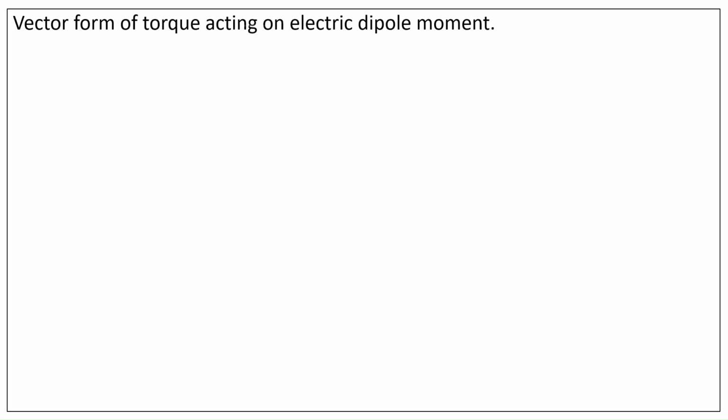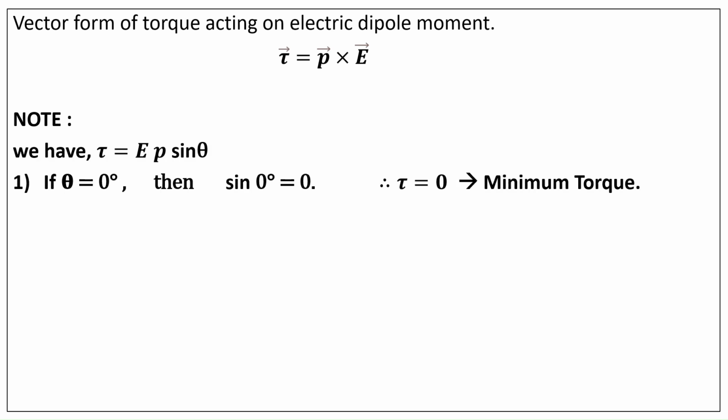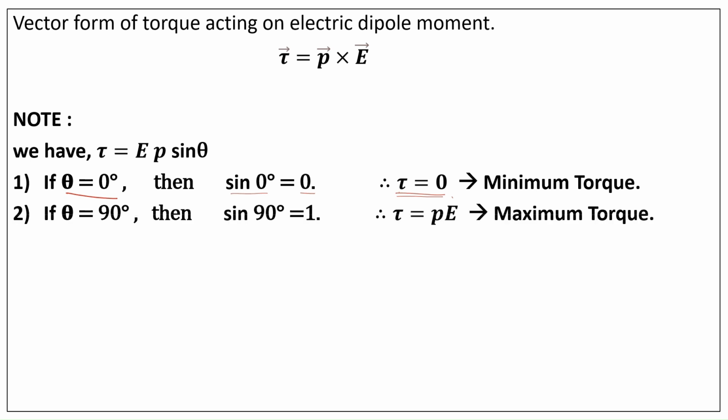Vector form of torque acting on electric dipole moment: vector τ is equal to vector P cross vector E. Note, we have τ is equal to EP sin theta. 1. If theta is equal to 0 degree, then sin theta is equal to 0. Therefore, τ is equal to 0. That is, torque acting on electric dipole is minimum. 2.